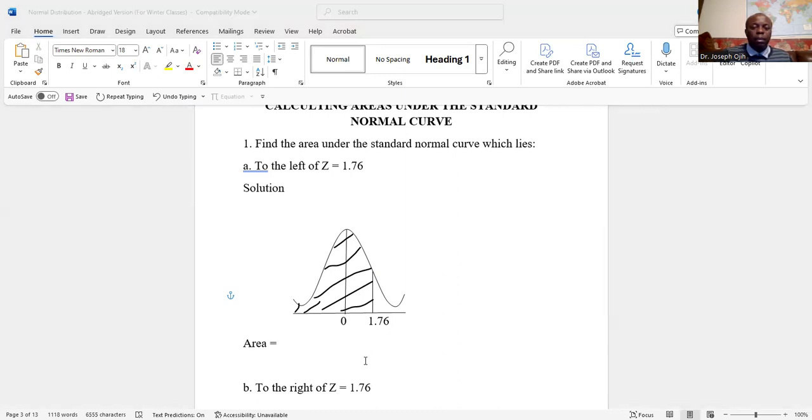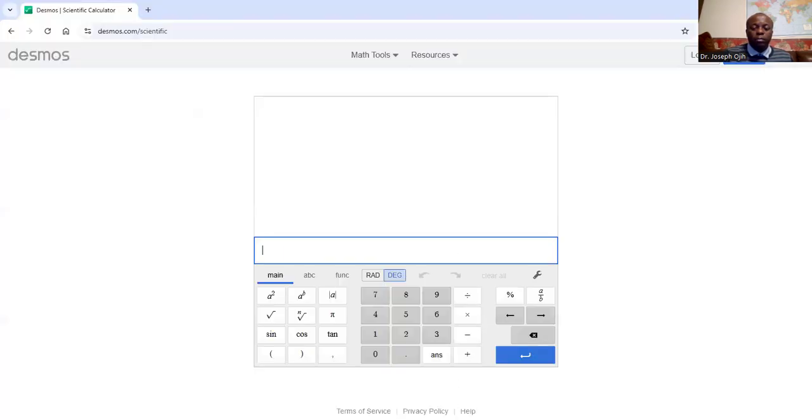Okay, it doesn't show here, but I'm going to show you what it is. When you go to the procedure chart, you make sure you choose the chart that has the exact shape as the one I just drew.